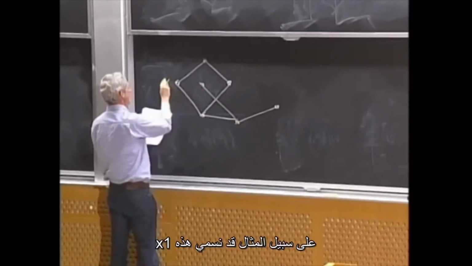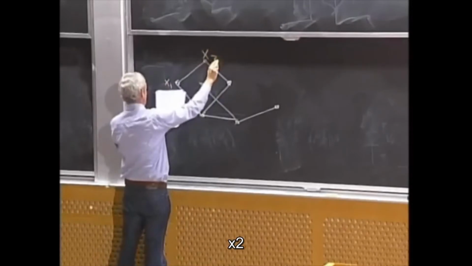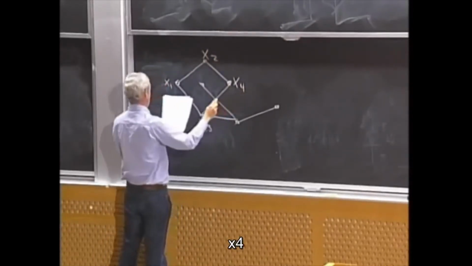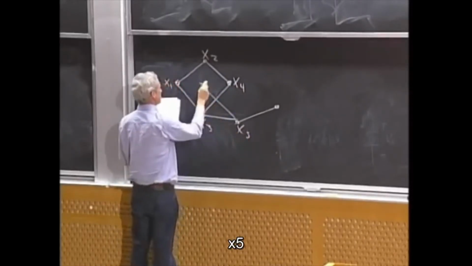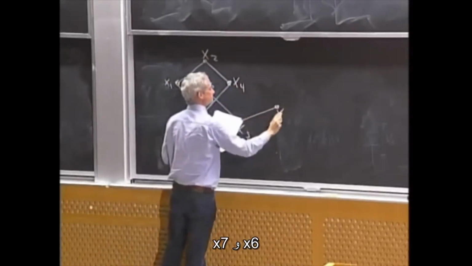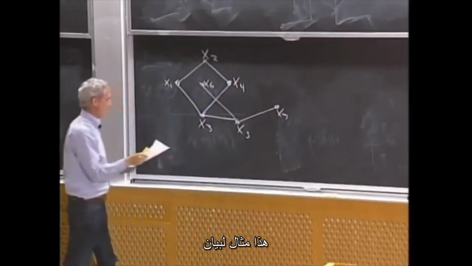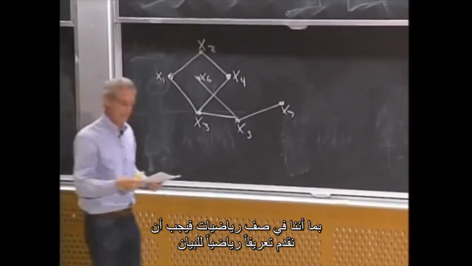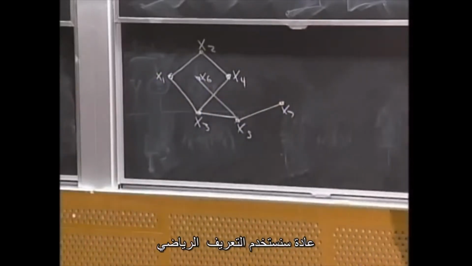For example, we might call this x1, x2, x3, x4, x5, x6, and x7. All right, that's an example of a graph. Now, this being a math class, we've got to give a formal definition of a graph. And we'll usually use the formal definition.